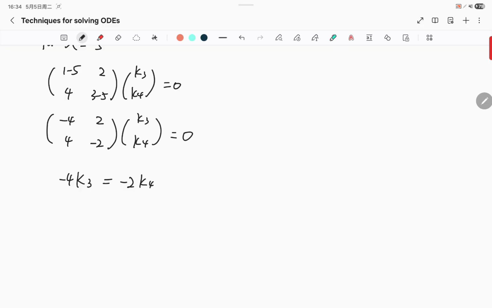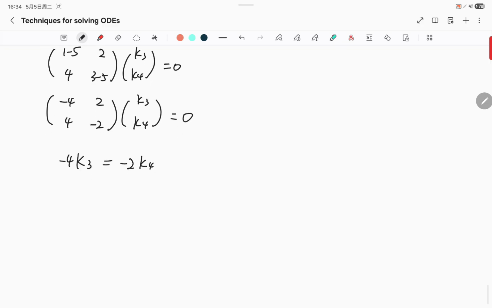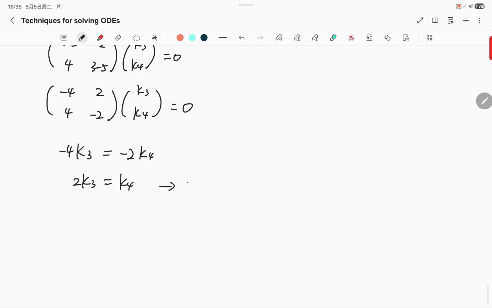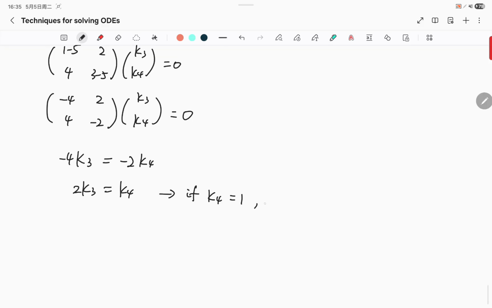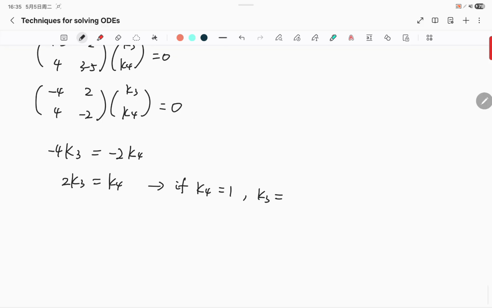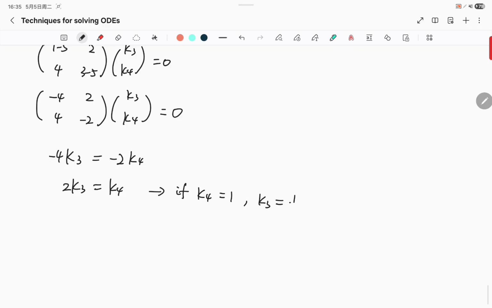Right? So this simplifies into divided by minus 2 both sides. So we have 2k3 is equal to k4. We say if k4 is equal to 1, then k3 is equal to 1/2.